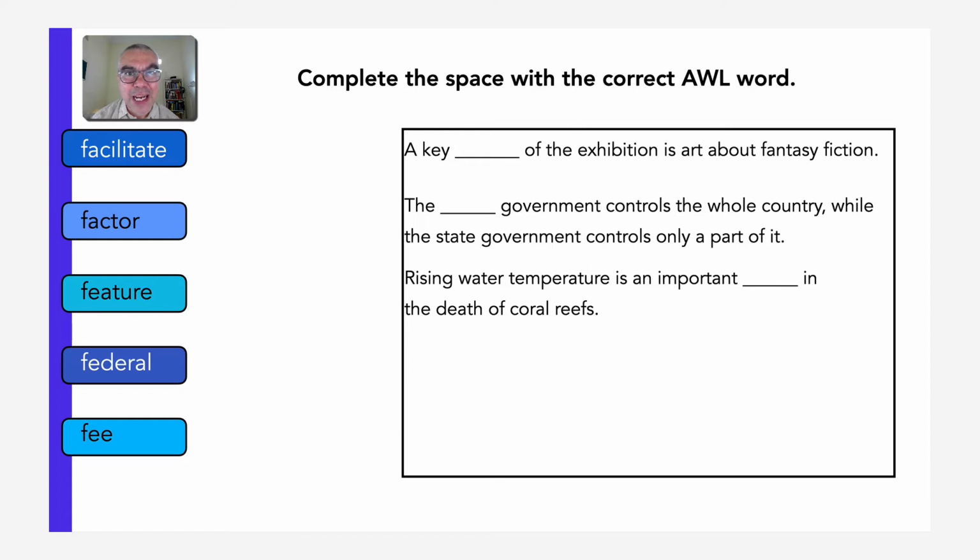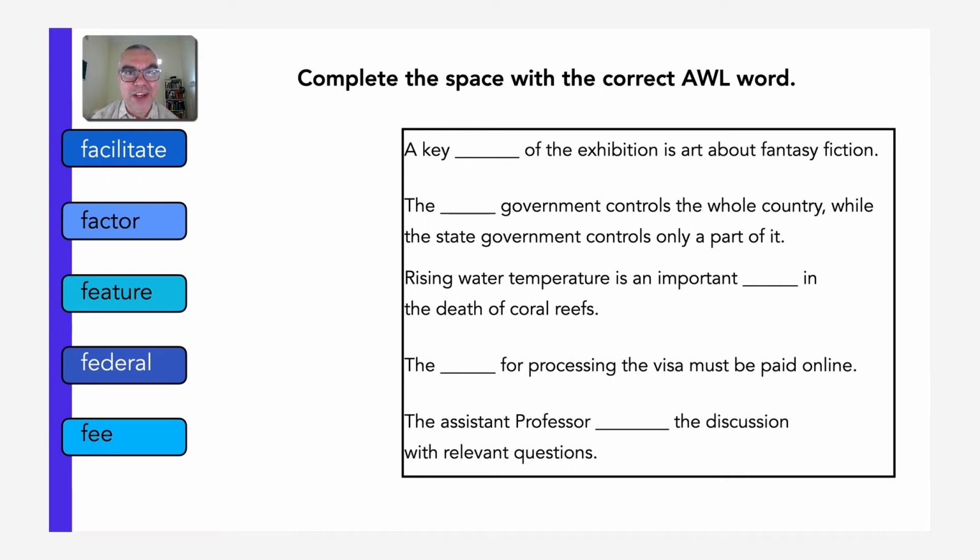The blank for processing the visa must be paid online. The assistant professor blank the discussion with relevant questions. All right, think about which words fit the spaces, and next we will look at the answers.